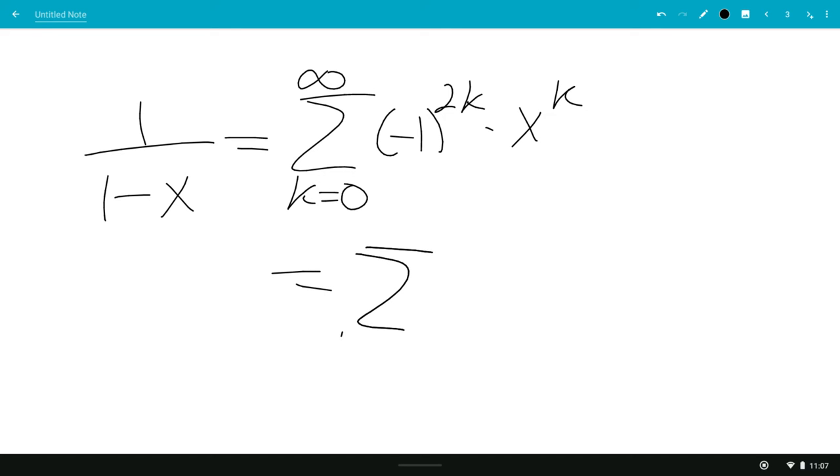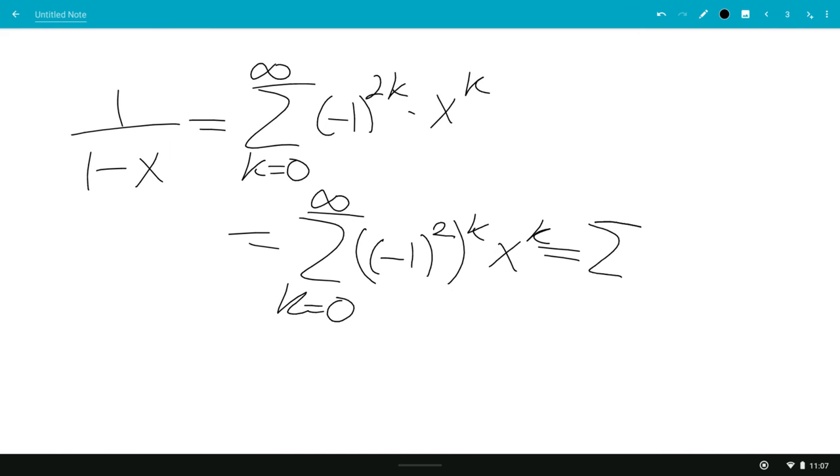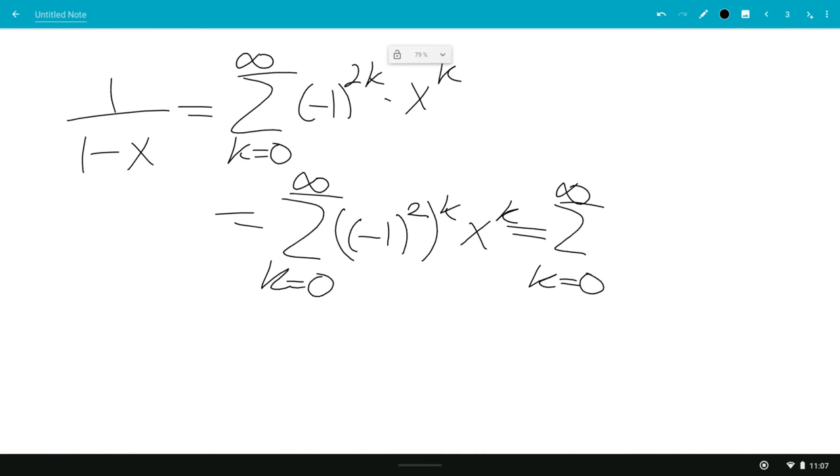This will be the sum k goes from 0 to infinity of negative 1 squared to the k, x to the k. Negative 1 squared is 1, so 1 to any power is 1, so that's just 1 times x to the k.